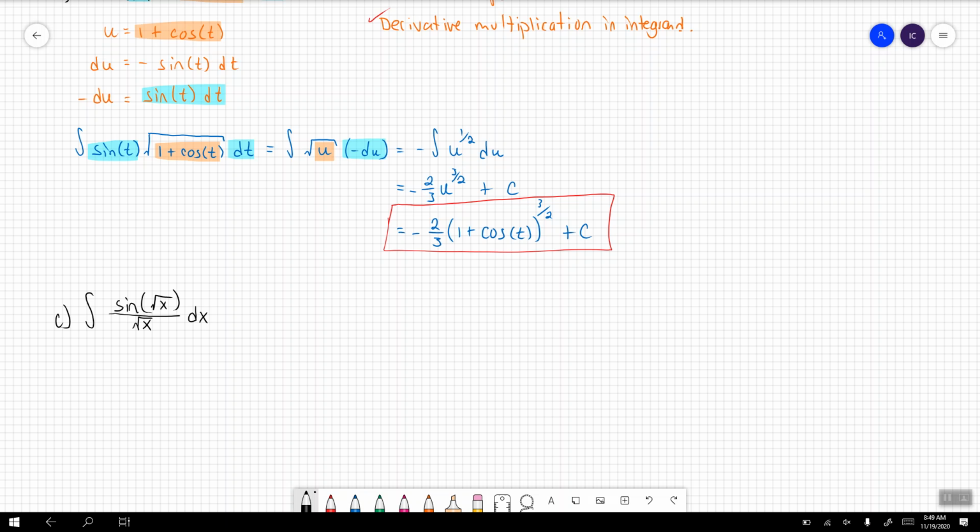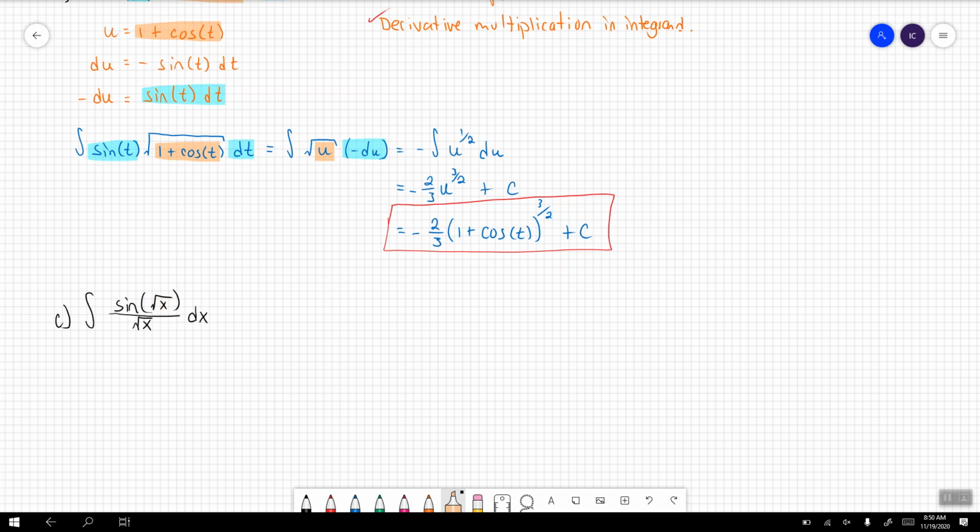Is there a function composition? And then is the differential that we find for that function composition multiplying inside of my integrand? I see a function composition: I have a square root of x. So that's one of the first identifications that I'm making.